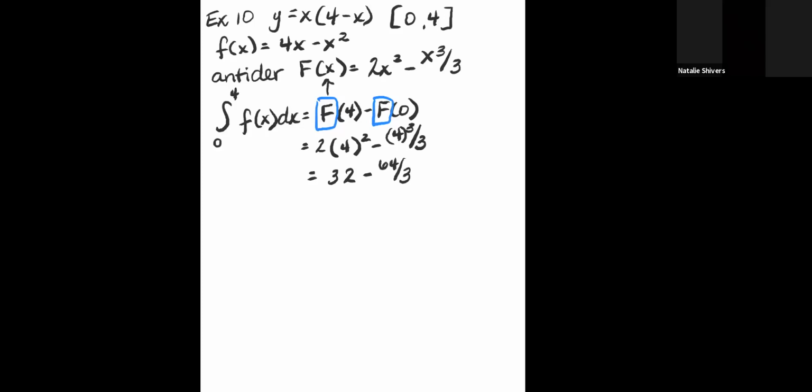And when I plug 0 in, I get 0. So 32 minus 64 over 3, when I convert it all, gives me 32 over 3, or 10.666667. Okay, so you might get one as simple as this.